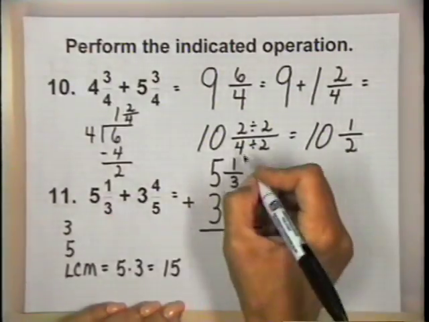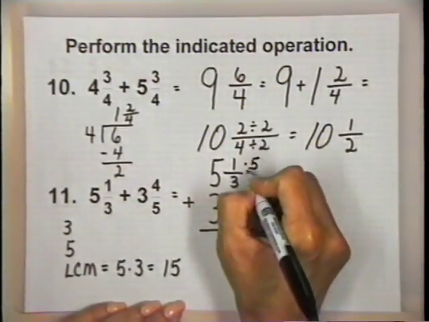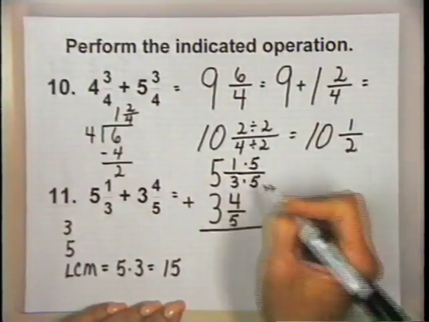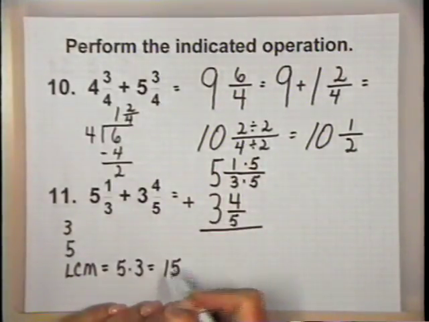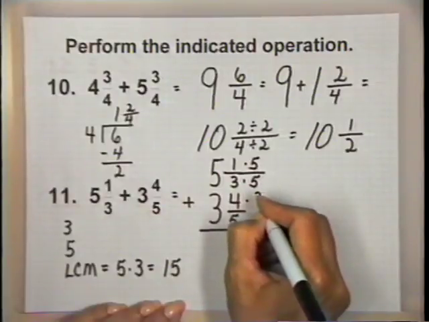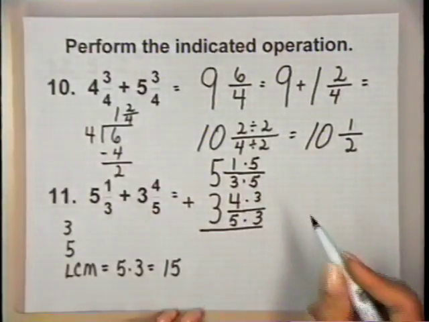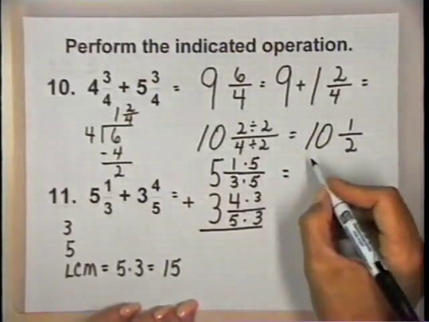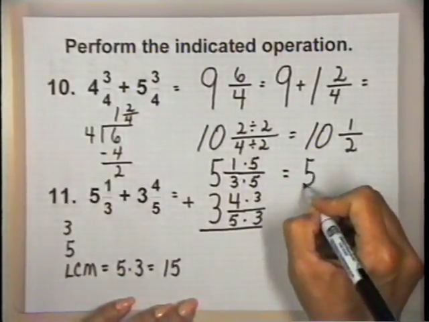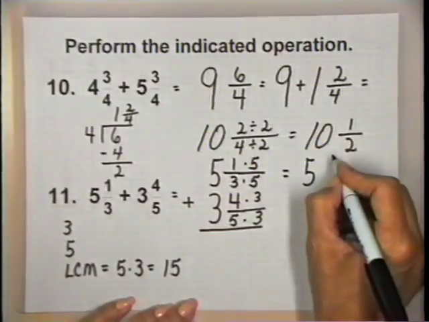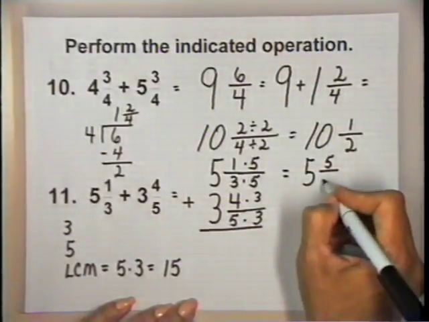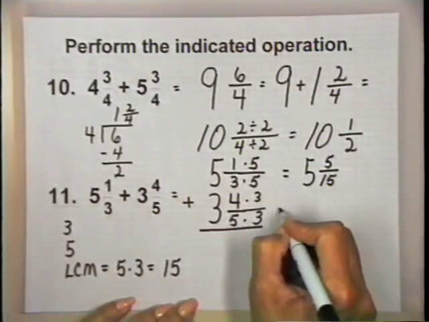3 will go into 15 5 times. So let's multiply by 5/5. 5 will go into 15 3 times. So let's multiply by 3/3. For our first mixed number, we'll have 5 and 1 times 5 over 3 times 5.